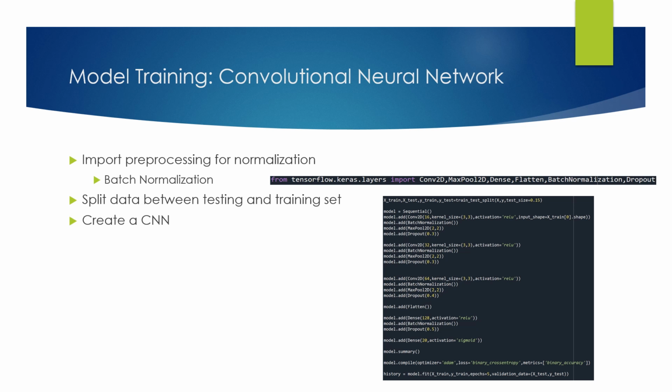Along with all of that, we used batch normalization to normalize the data. We split the data between testing and training data, using 85% of it as training data and 15% as testing data. And we did all of this to help create the CNN model.